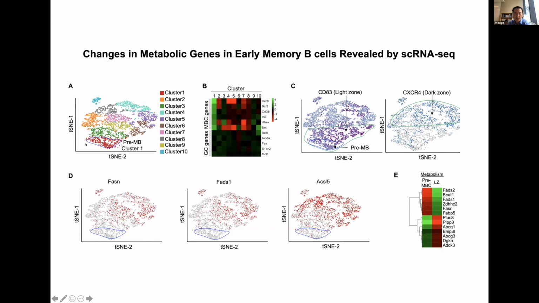They still don't have the memory phenotype, but the transcription profile is already converting them to memory B cells. So we call them memory B cell precursors, or pre-memory B cells. We found that they have already downregulated all the fatty acid synthesis genes at the early stage of memory B cell development.